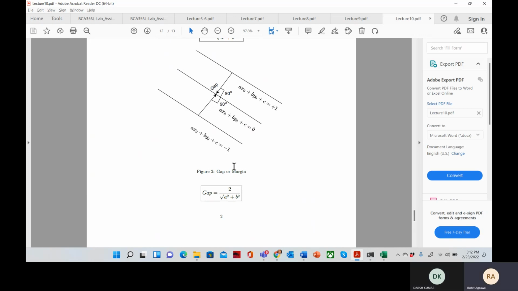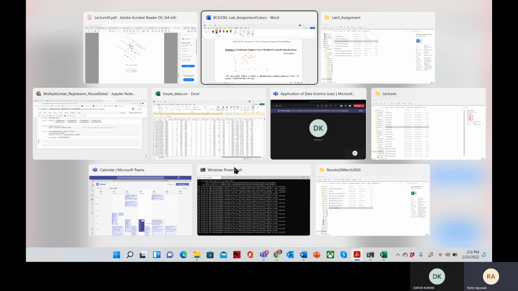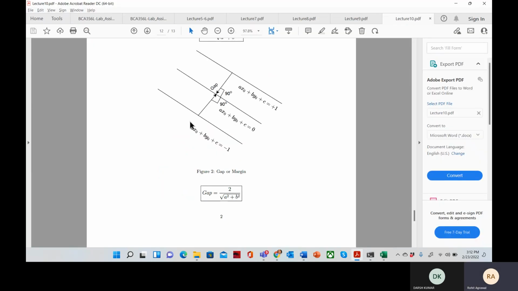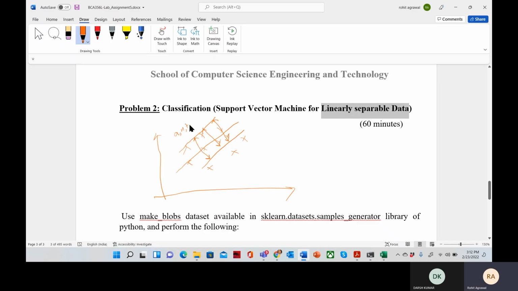Yes, sir. So similarly, suppose we have our graph here, and suppose this is a line. What is the equation of a line? y = mx + c, or we can write a0 x0 plus b0 y0 plus c equals 0. We can write this just similar to y = mx + c. This is an alternate form. Everyone familiar with this?